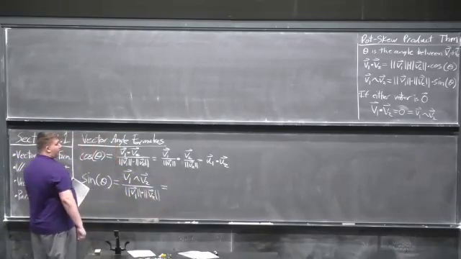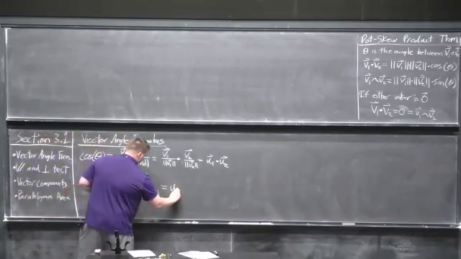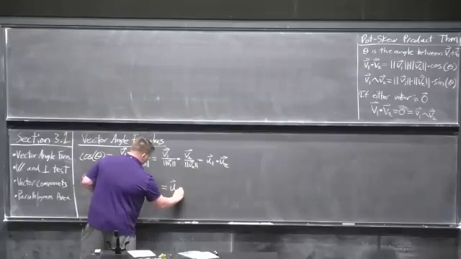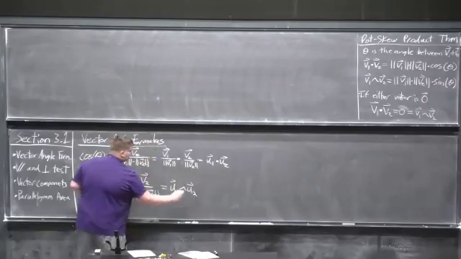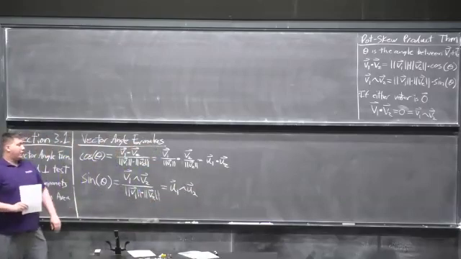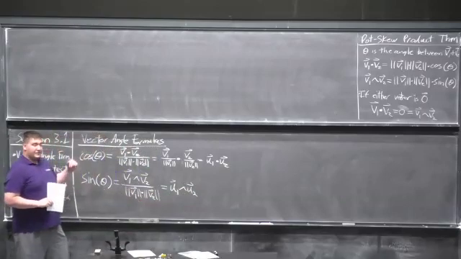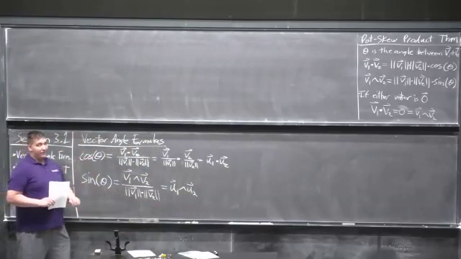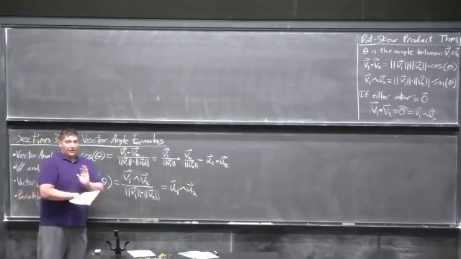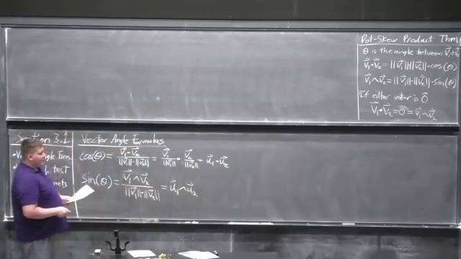And through the same process, we could think of this as U1 skew U2. So if I have a unit vector, it's just the skew product that gives me the sine of theta, that is the angle between two vectors.